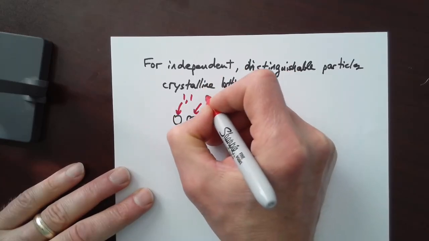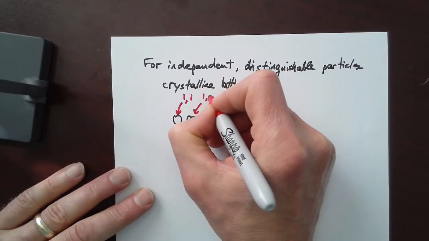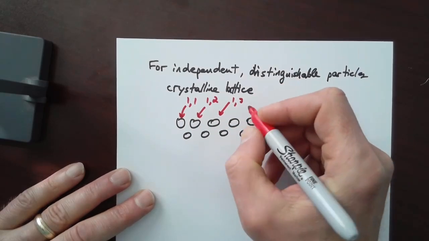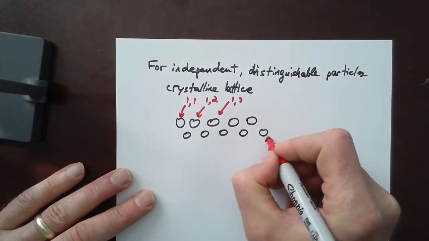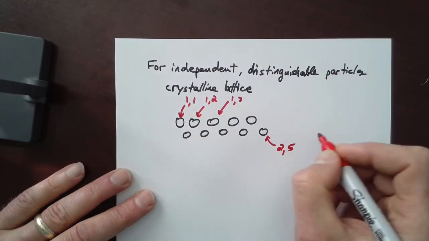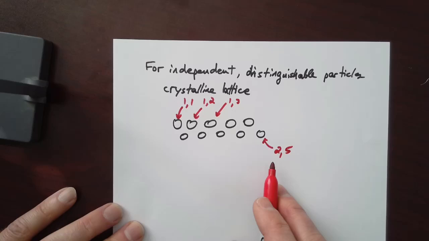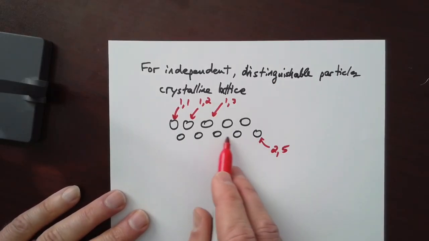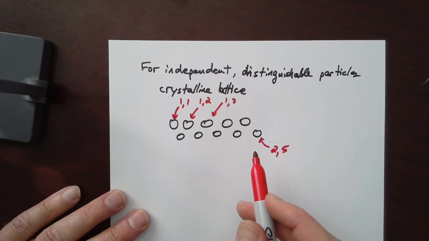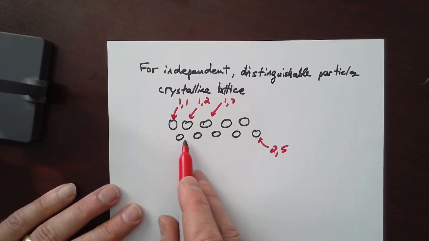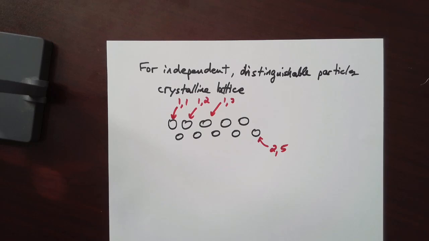This could be row 1, column 2, 1, 3, and so on. This would be row 2, column 1, 2, 3, 4, 5. So each one of these is distinguishable in principle from the others simply based on its location, even though they would all be, for example, iron atoms or carbon atoms or whatever the solid is.